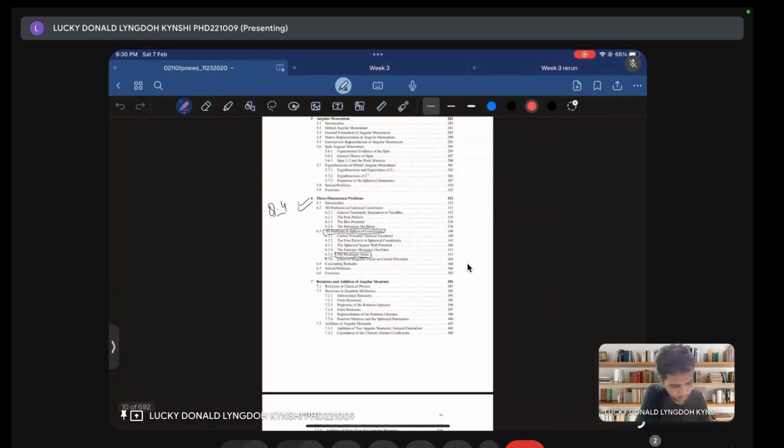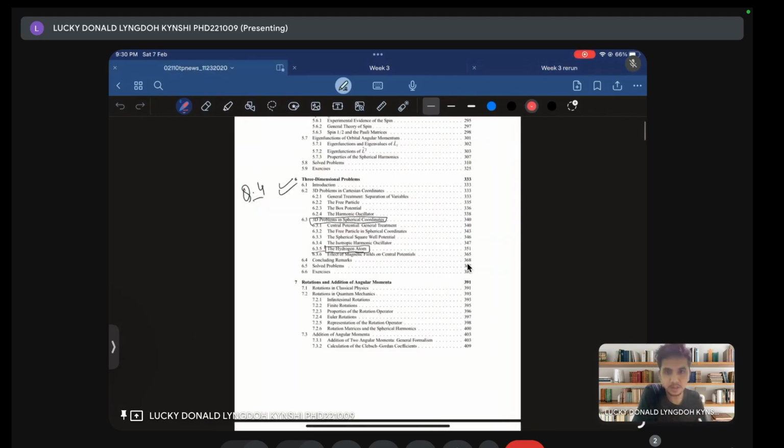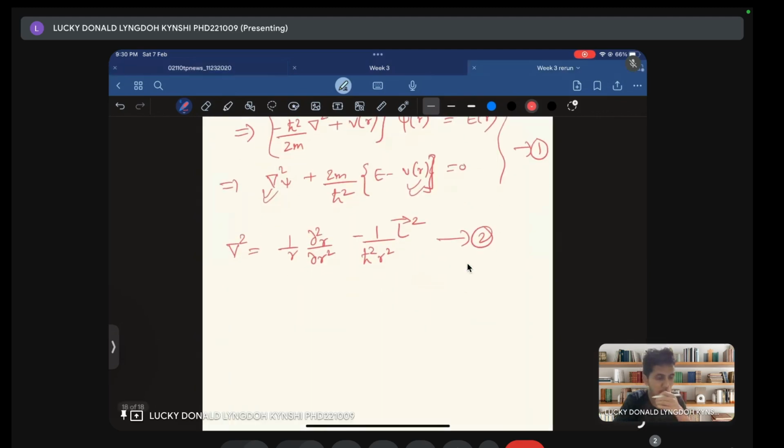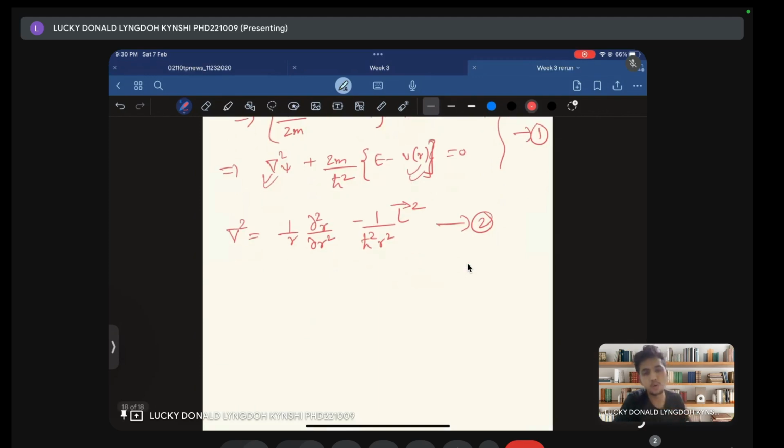If you go to the Z ebook, you can take the chapter on three-dimensional problems in spherical polar, and there's also a hydrogen atom there. It is explained there, how we get this del square and so on. For this part of the tutorial, it's not necessary to go into the detail of it. I will just give you the important details.